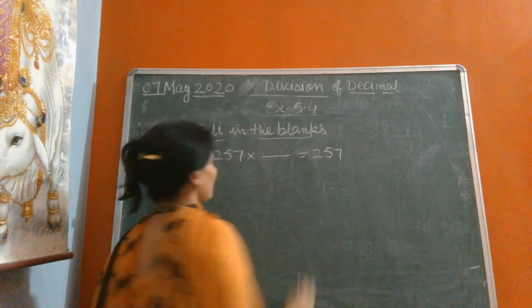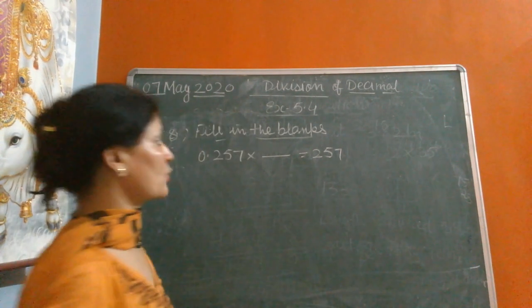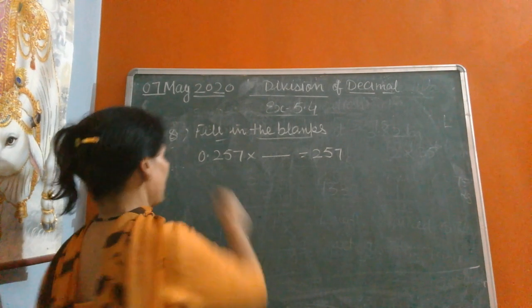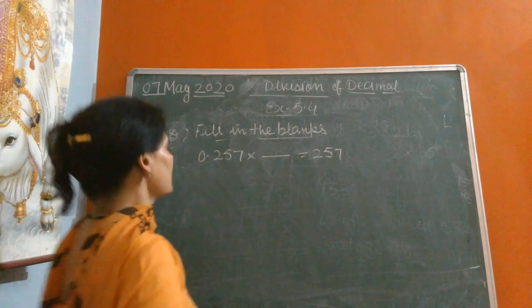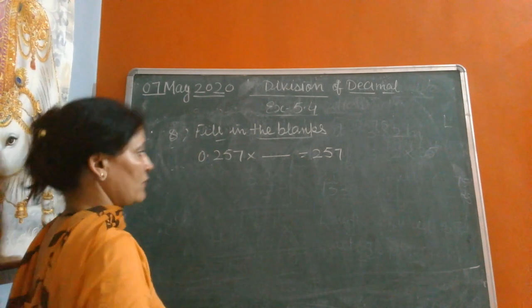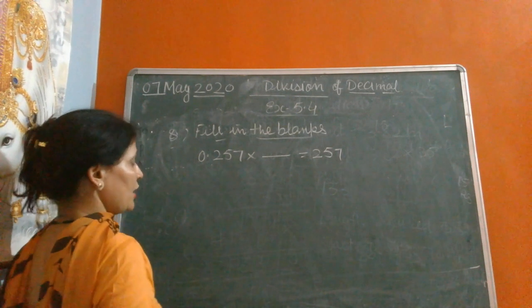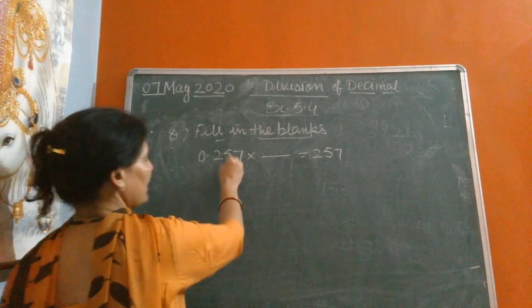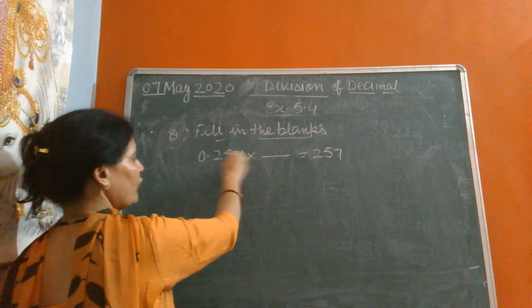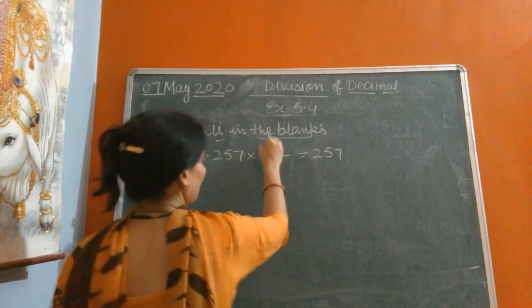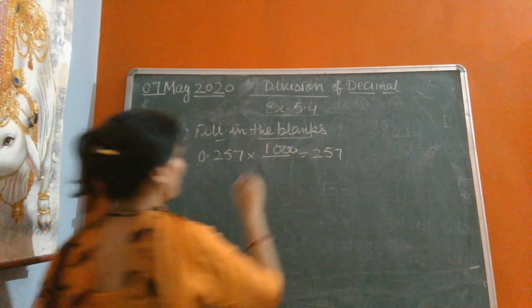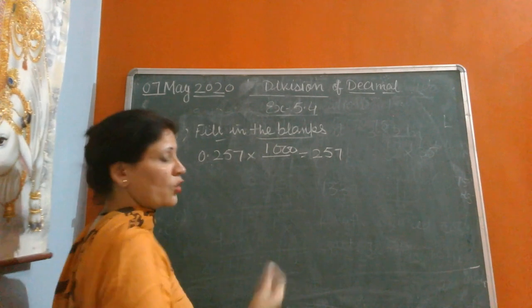So 257 is a whole number and this is 0.257. How to find the whole number? If we multiply 0.257 by 1000, we get the whole number.